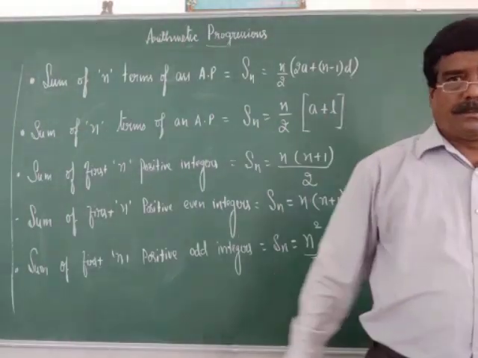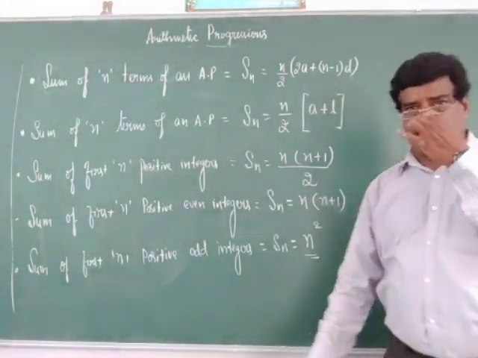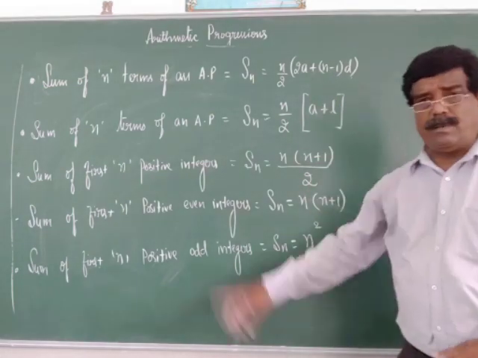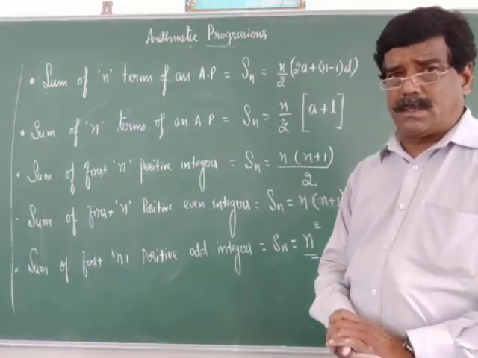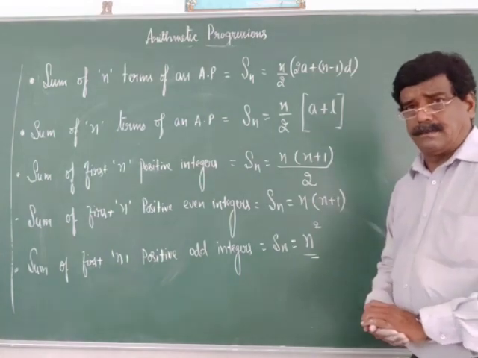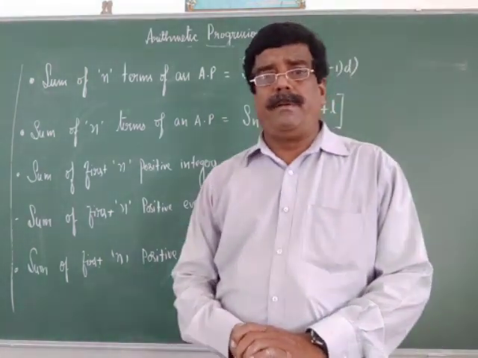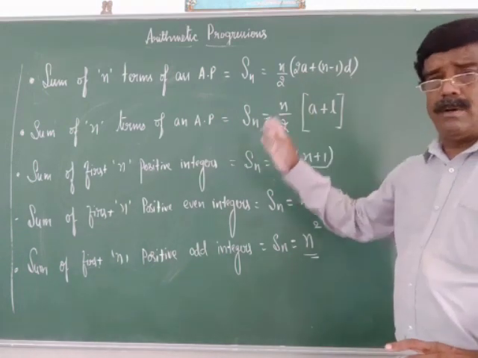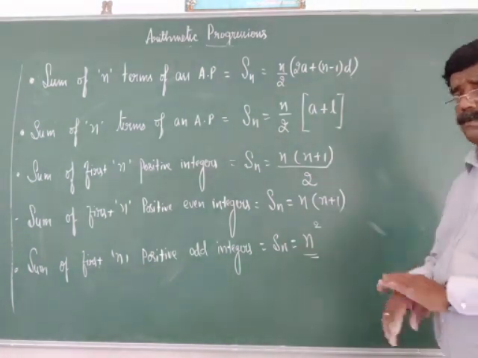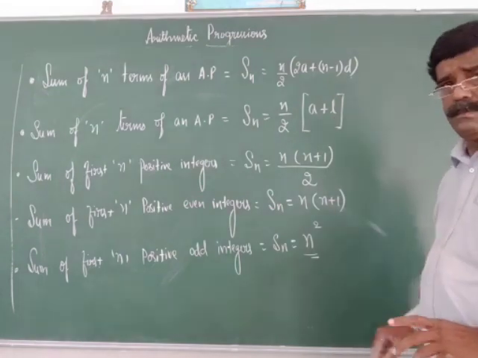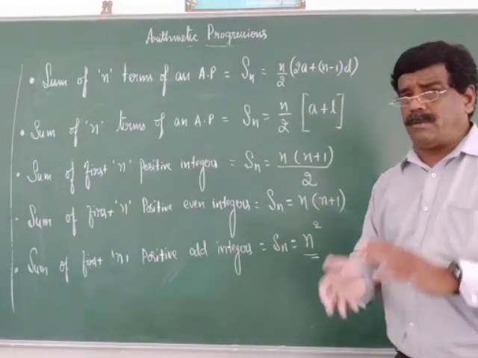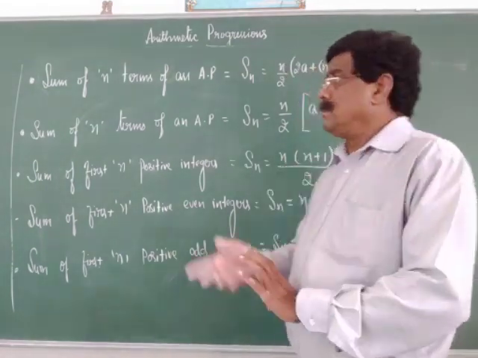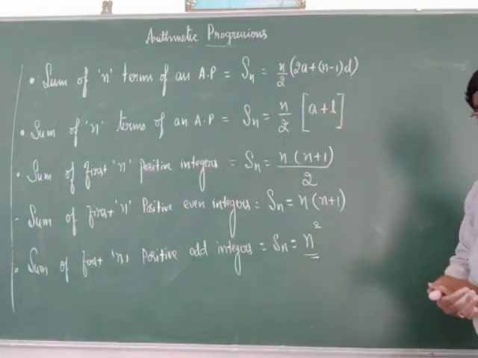Okay children, now see till these days, here is the list of formulas we have proved and the sums we did related to that. In the previous classes, we used the same formula somewhere here or there. The first one is just a revision of your formulas. This is the sum of n terms of an AP.